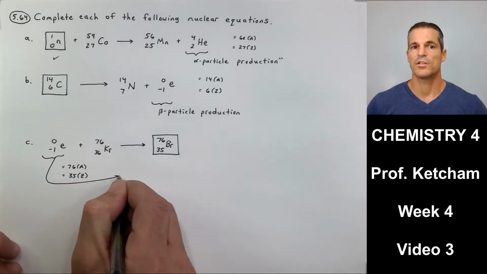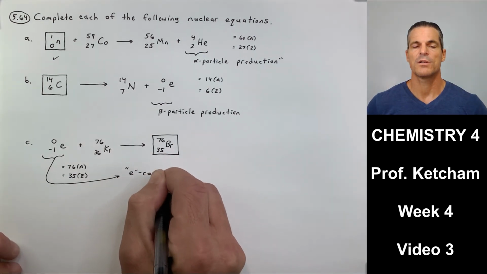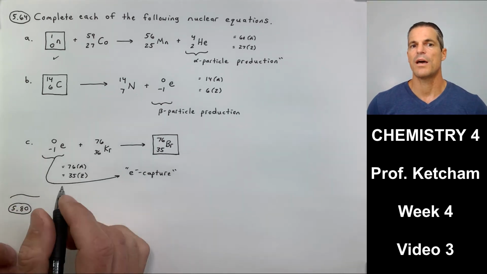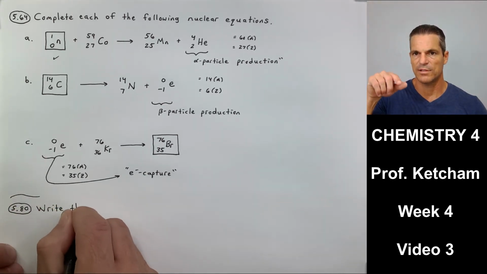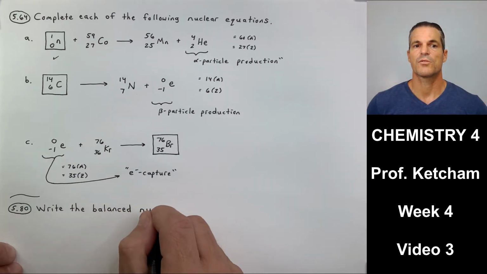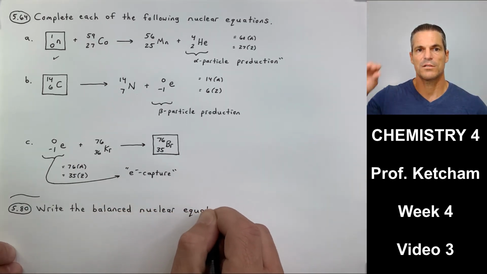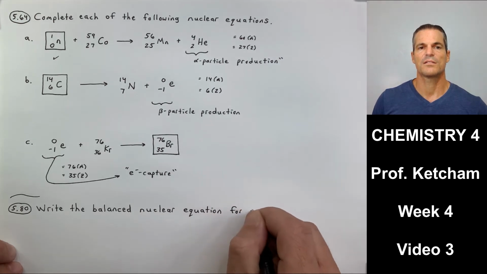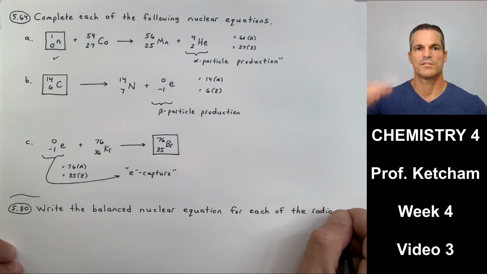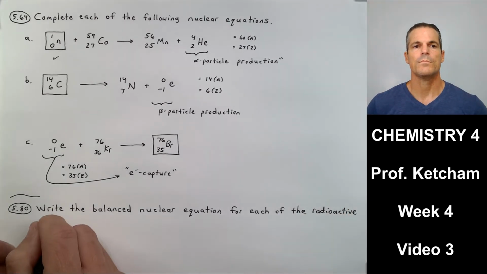C looks like it's going to be something called electron capture. That's where an electron, or a beta particle, and in my notes sometimes I don't use an e, I use a little beta symbol, plus krypton-76. So the total on the top is 76 as a product. The total on the bottom is 35. Br, with a 76, 35.